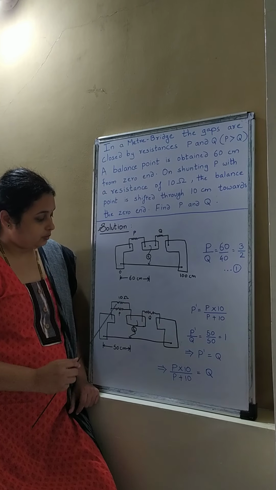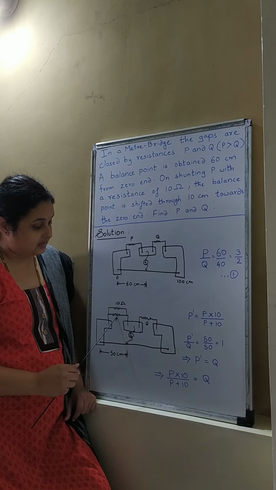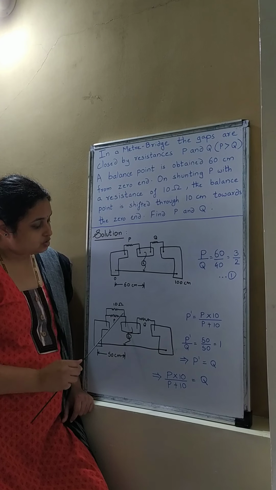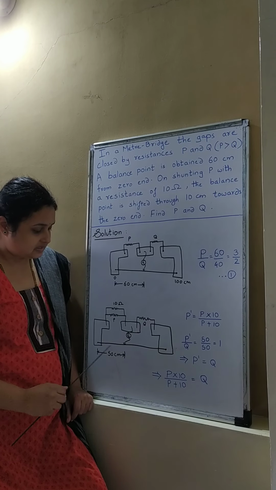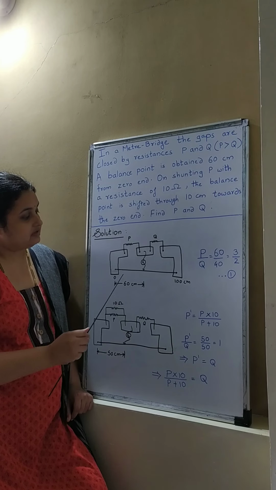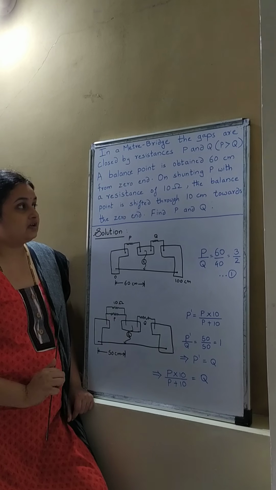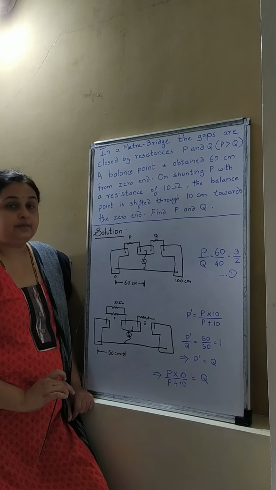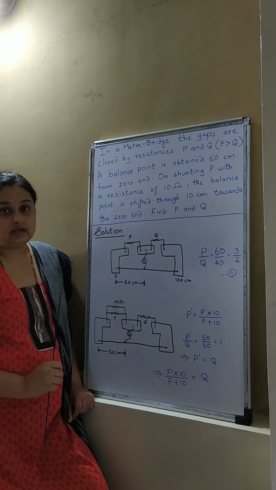It is obvious, no? When you shunt this P, that is when you connect a resistance parallel to P, this value is going to reduce. If this value is going to reduce, obviously this length is going to reduce. It will reduce from 60 to, say, 50. That is the data given to us, and we have to find P and Q. So now in this case, let's try to form an equation.